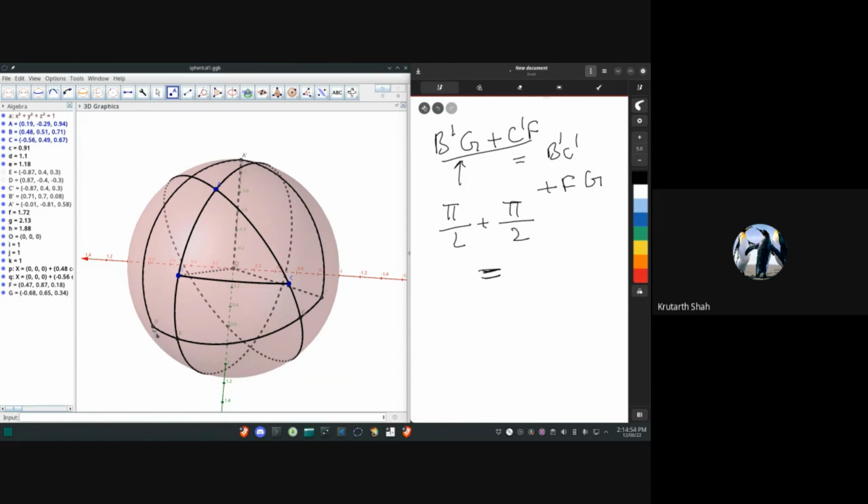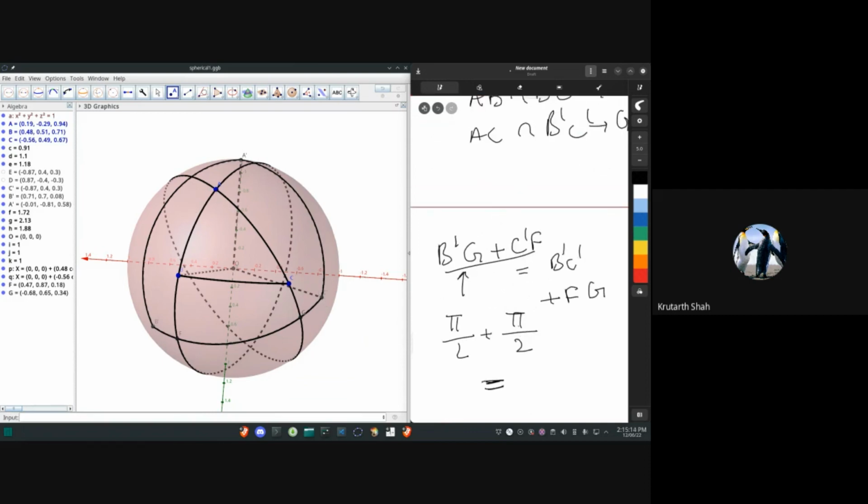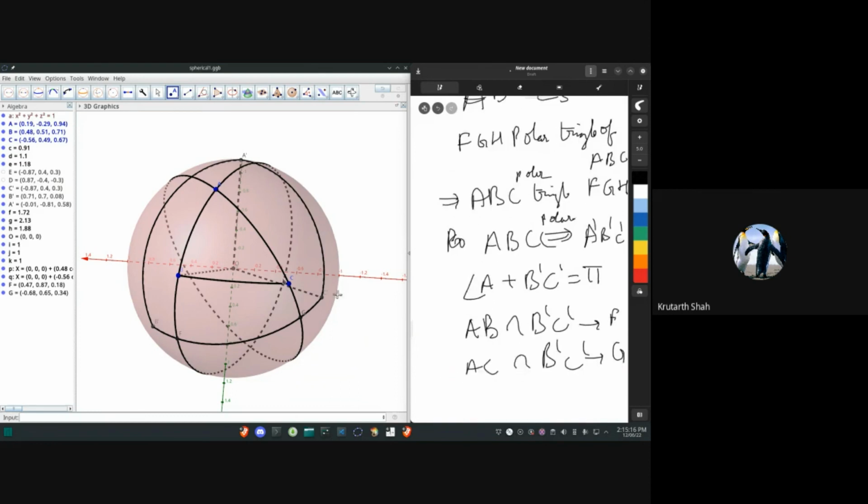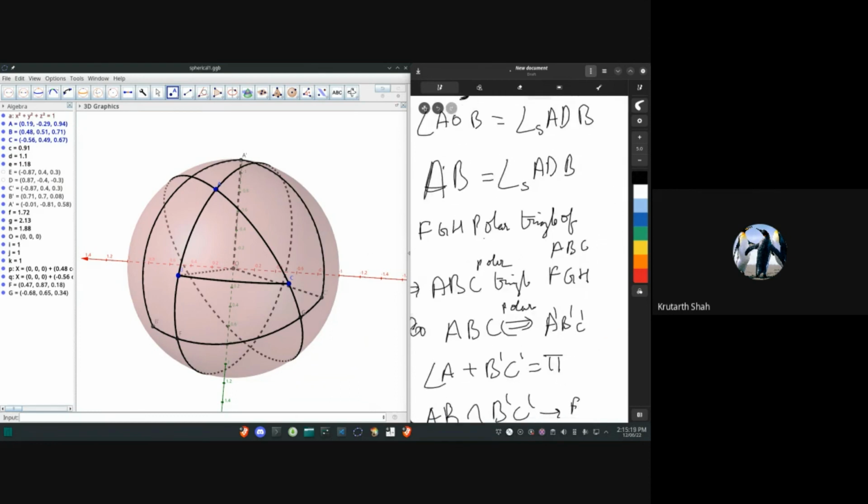Now, FG. Oh yeah, FG is nothing but angle A because A is the pole of B'C', right? So by the lemma we had above, A is also the pole of FG.